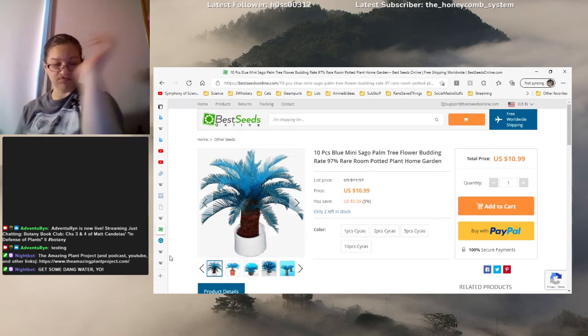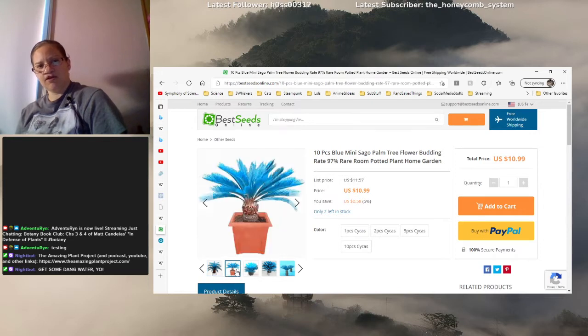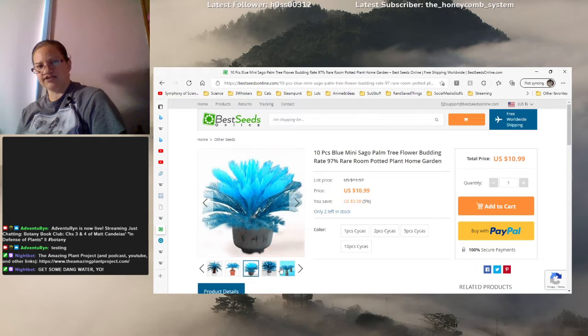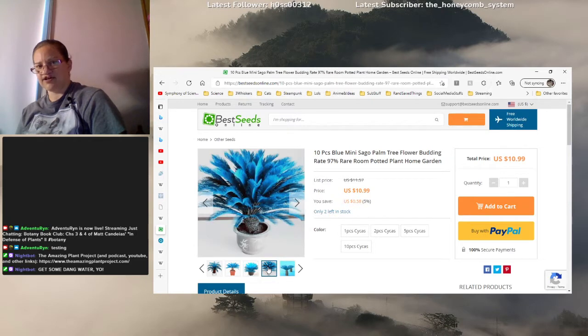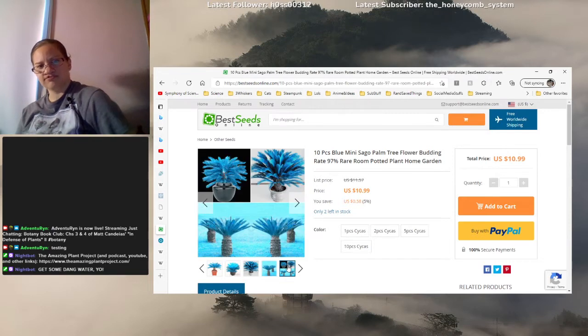Even the background grass is blue now. No. It looks like an art project.